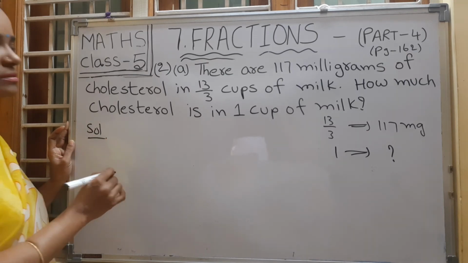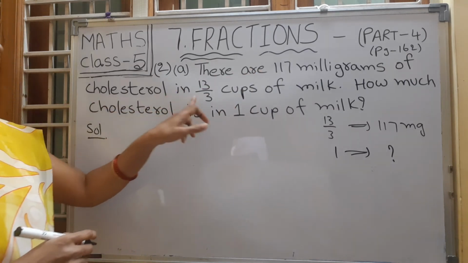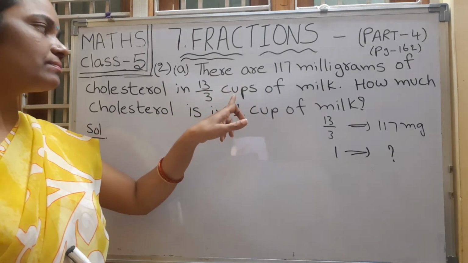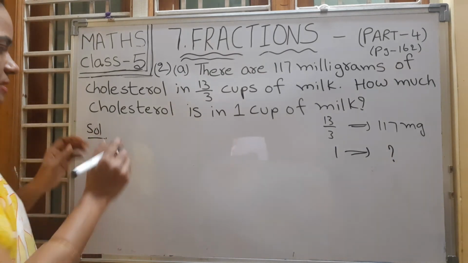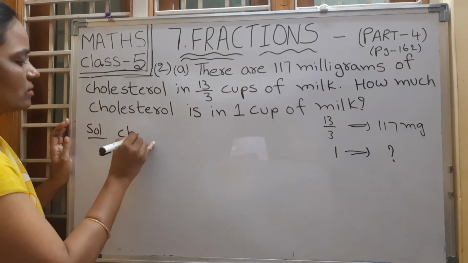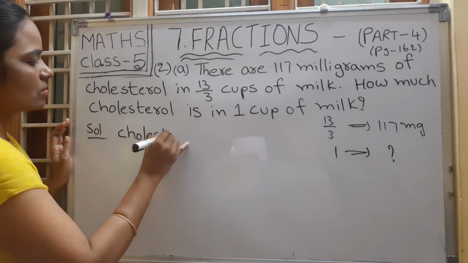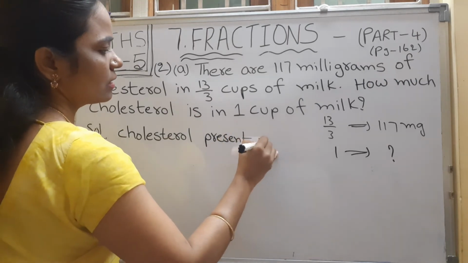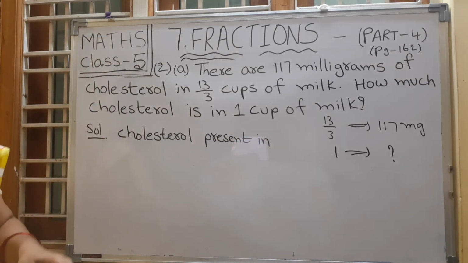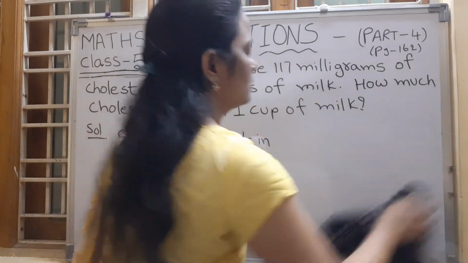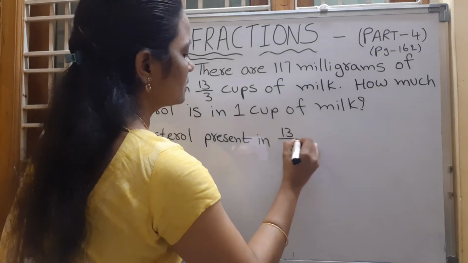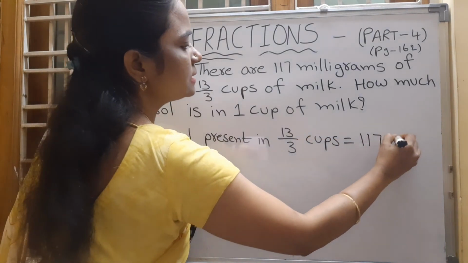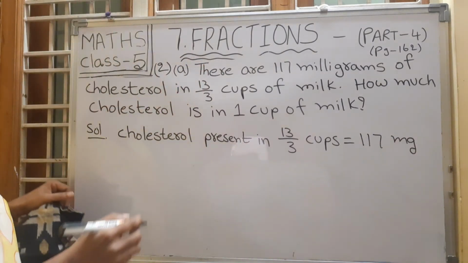First statement from first sentence: cholesterol present in 13/3 cups of milk is equal to 117 milligrams.